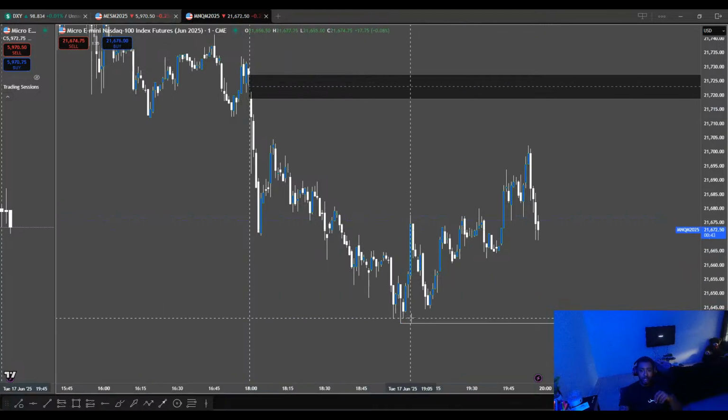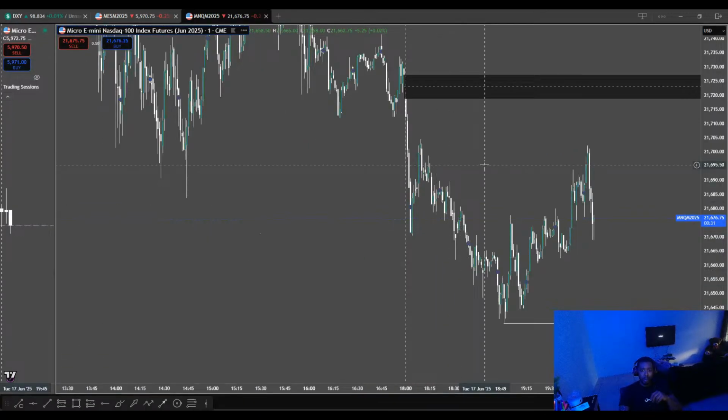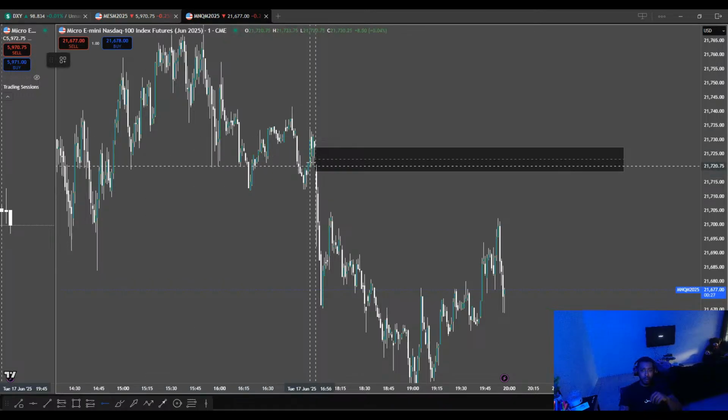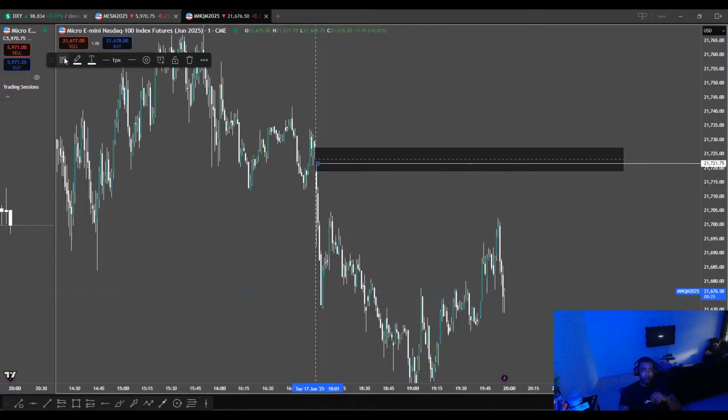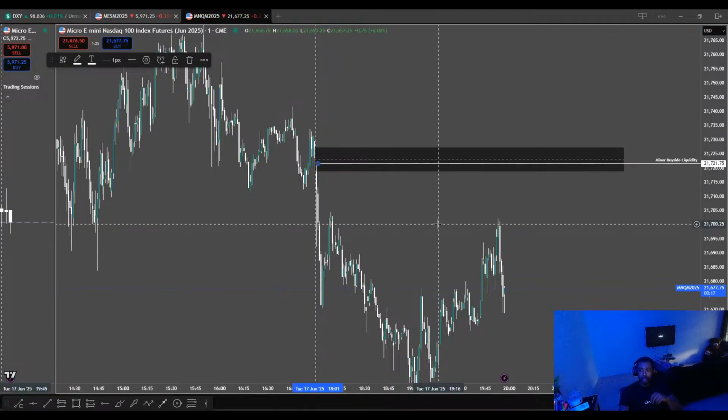So this is how you trade Asia. 1900 hour minor buy side. This is minor sell side. So you got minor sell side, and it opened up right here. So we got buy side right here. Minor buy side.